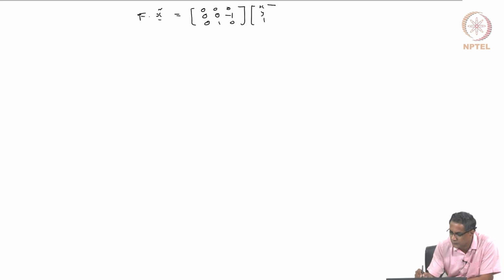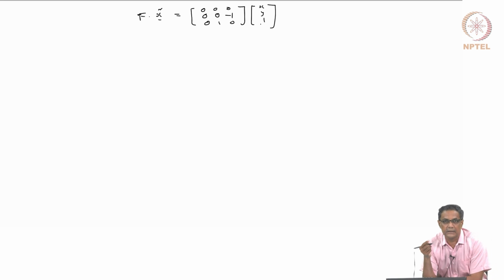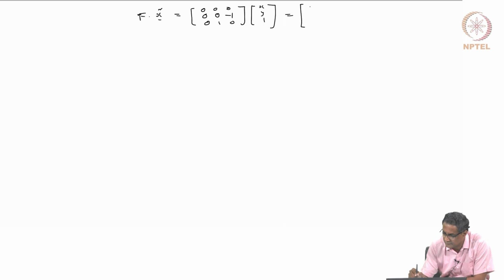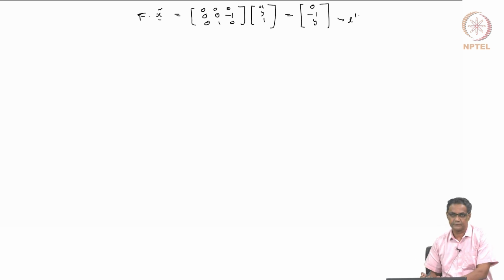This will give me an epipolar line. It will give me l1 l2 l3 for the epipolar line corresponding to that point. And therefore, what will you have? You will have 0 minus 1 y. This is my l dash, the corresponding epipolar line for that point.